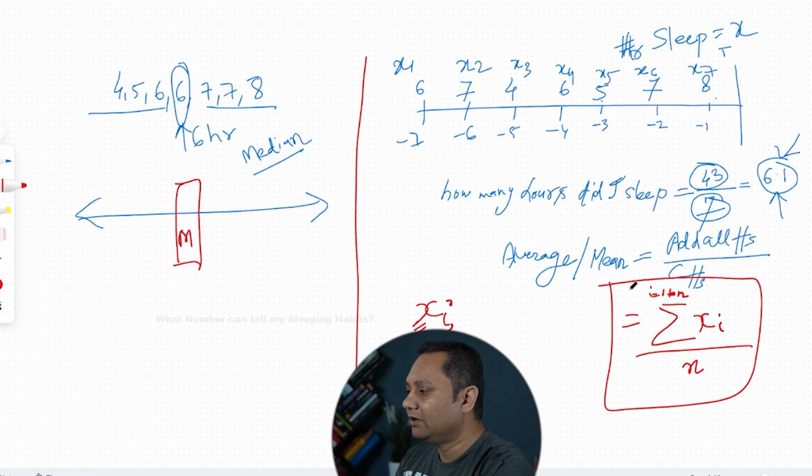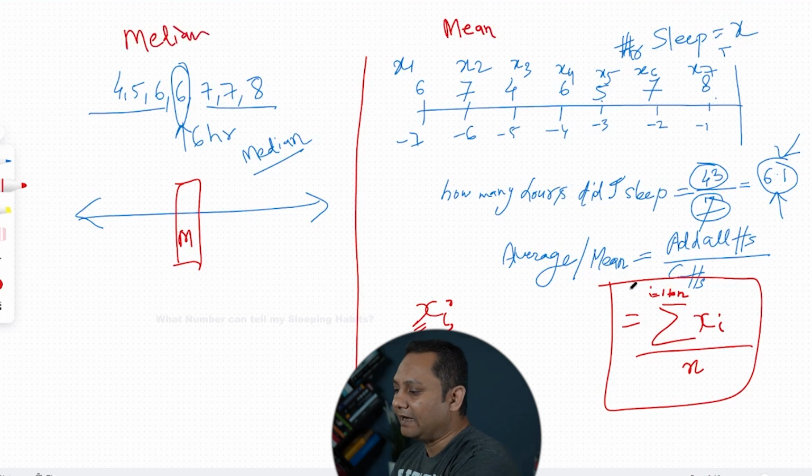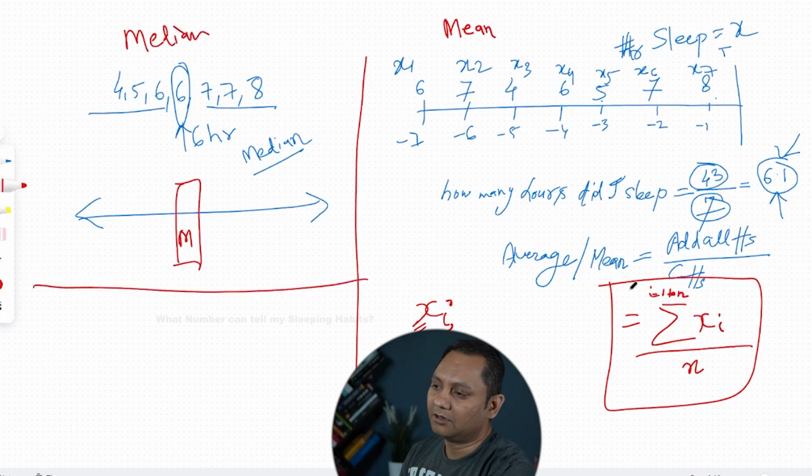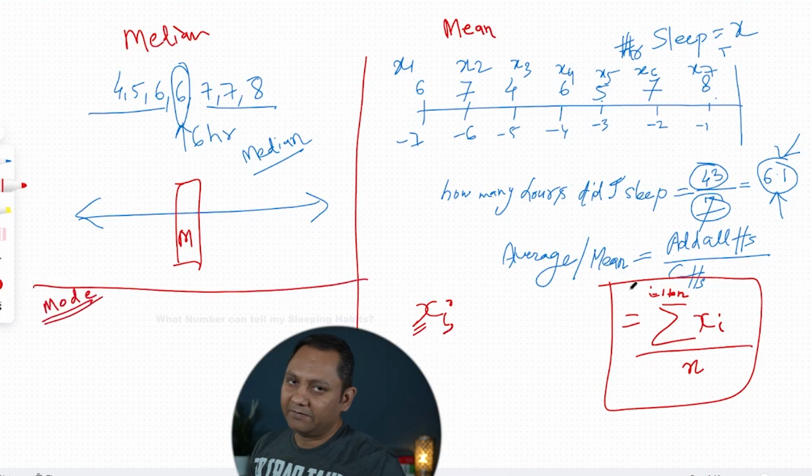Then the third way of representing: this is my mean, this is my median. Now I have another way of representing, and that other way is called mode. Most often when you ask people, they guess based on mode. So you may remember what is more frequent, how many hours you sleep.